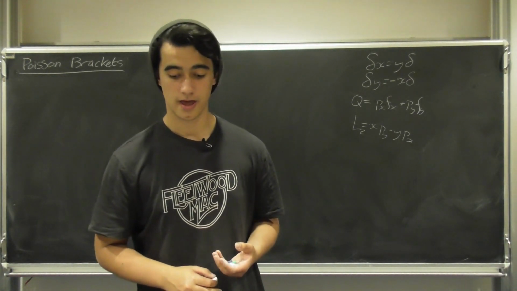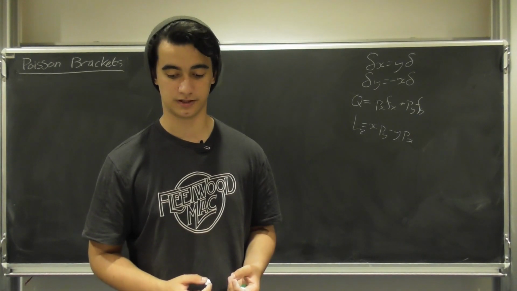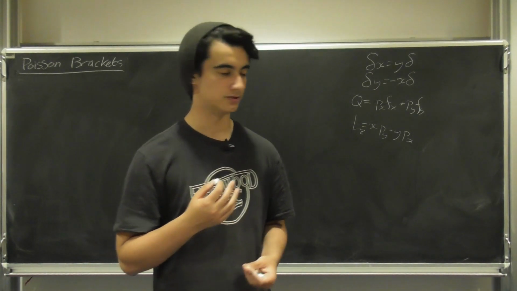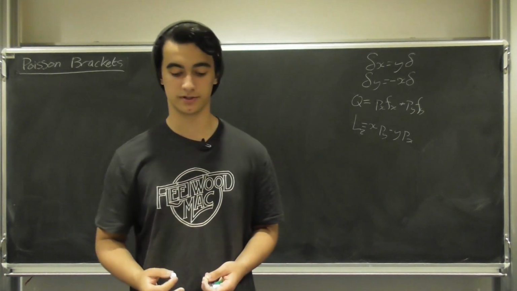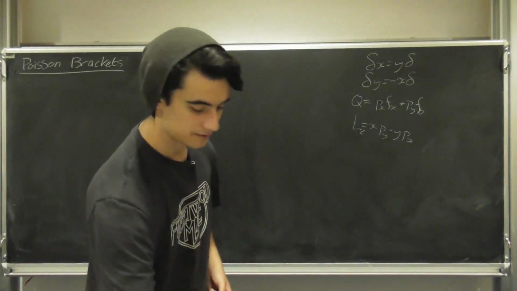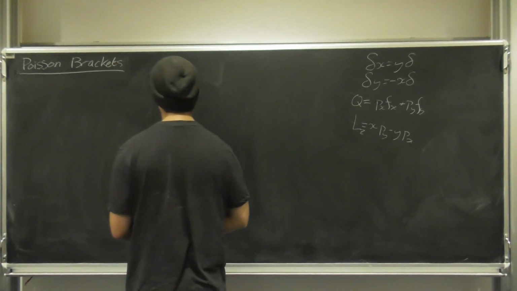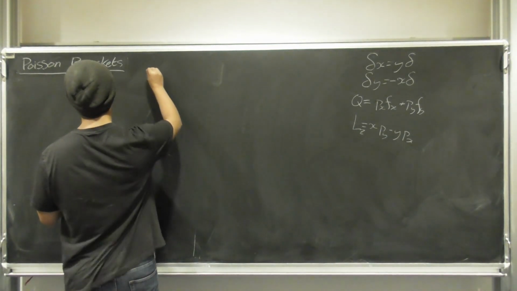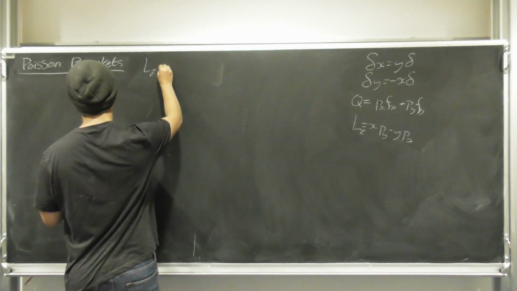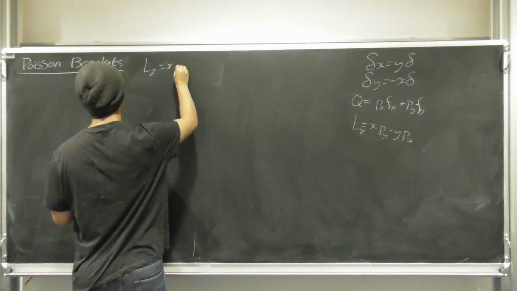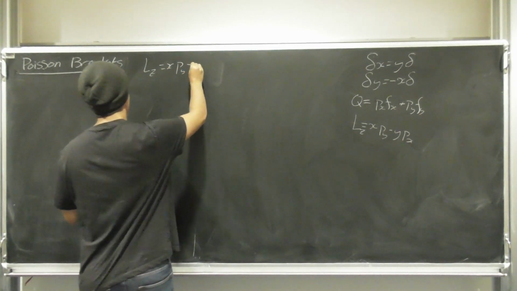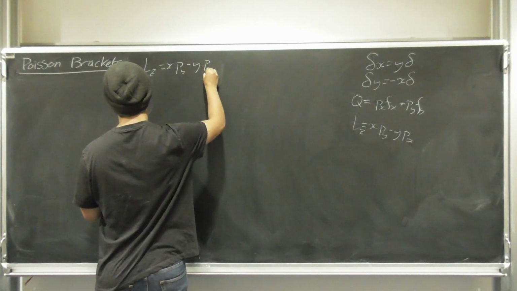Okay, so by cycling through the different coordinates, we find that L sub z, which we had here, was equal to x times p sub y minus y times p sub x.